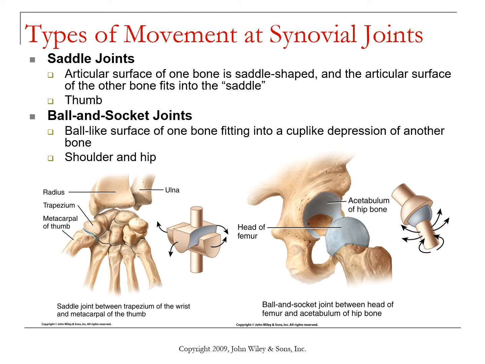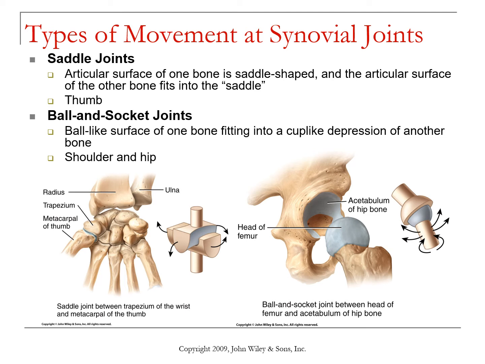The saddle joints allow the same types of movements as condyloid joints, so they are biaxial, allowing for flexion, extension, abduction, adduction, and some circumduction. So you can wiggle your thumb and make a circle in space. This is also what allows for opposition at the thumb.